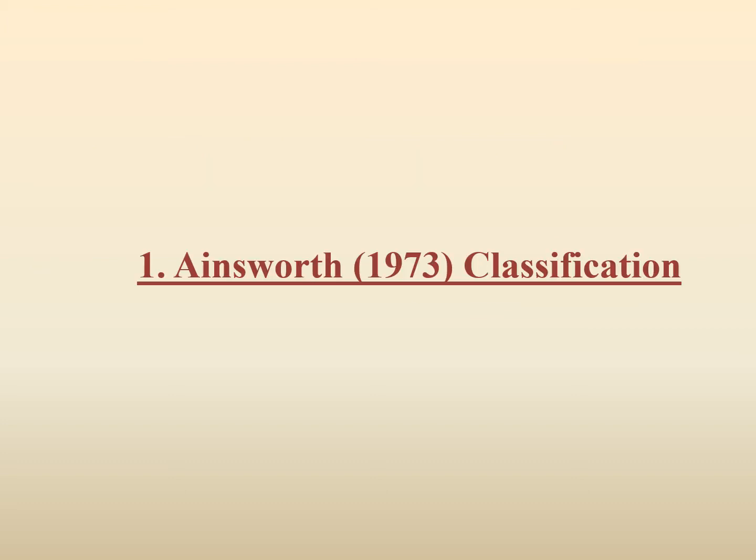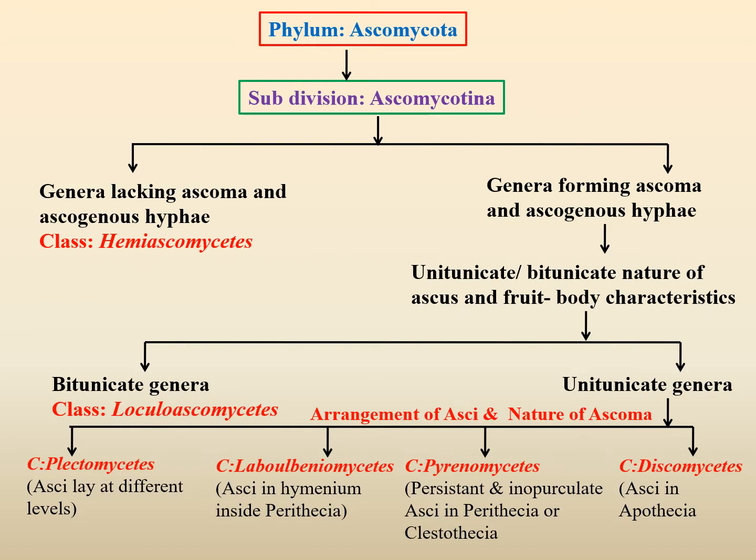Coming to the first, Ainsworth classification. In Ainsworth classification, there are some characters on the basis of which it was divided. Let us see what those characters are. If a genus lacks Ascoma and Ascogenous hyphae, it is placed under the class Hemiascomycetes.